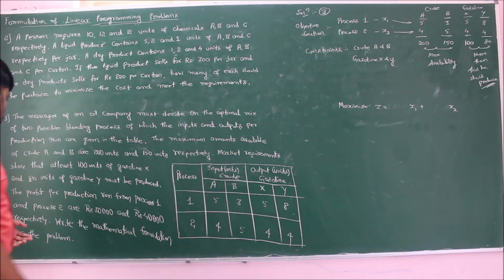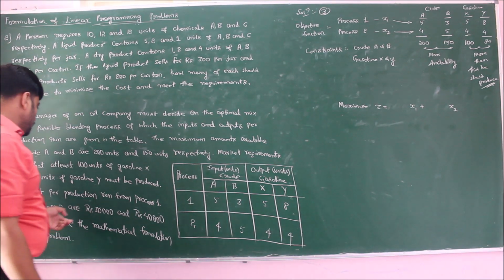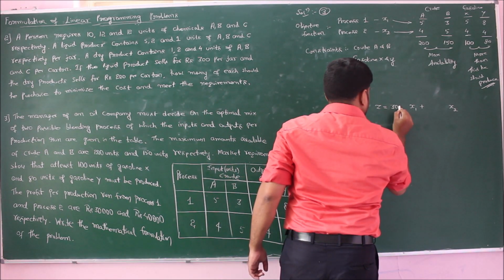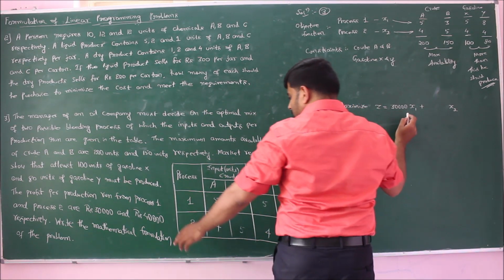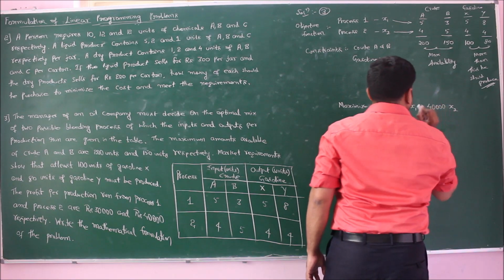Each production from process 1 is giving him 30,000 rupees and process 2 is fetching him a profit of 40,000 rupees.